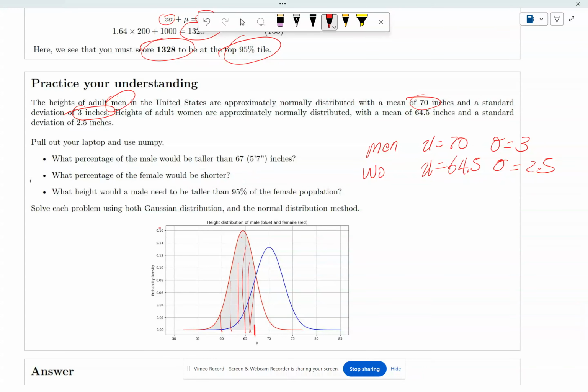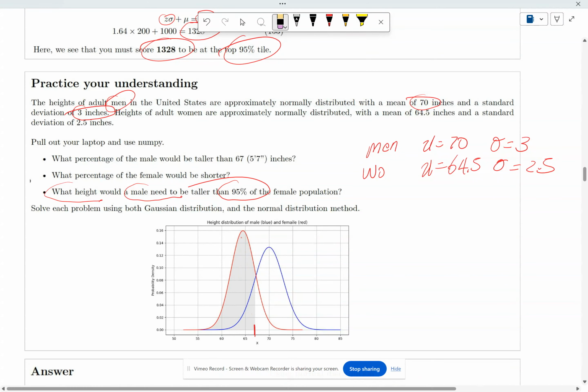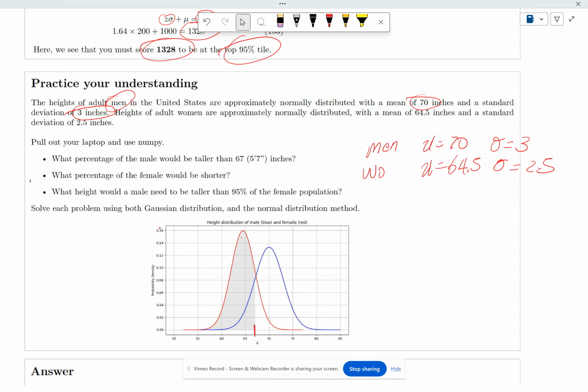Now, what height would a male need to be taller than 95% of the female population? So now you need to use that PPF function, right? This is actually quite interesting.